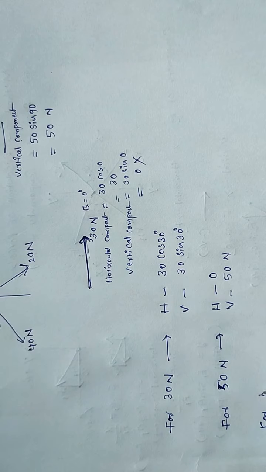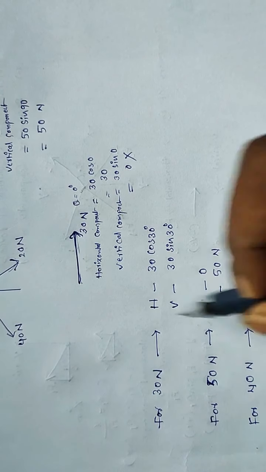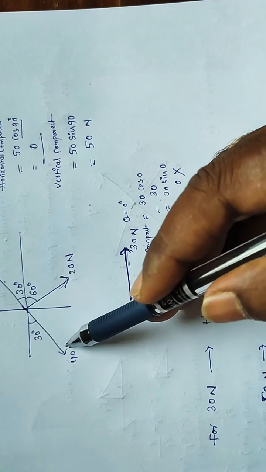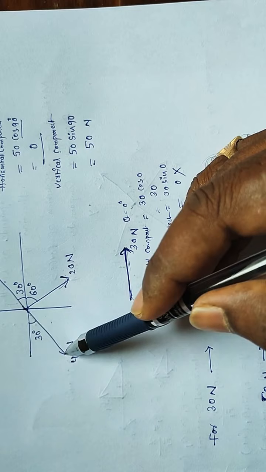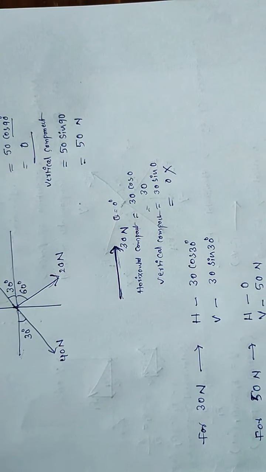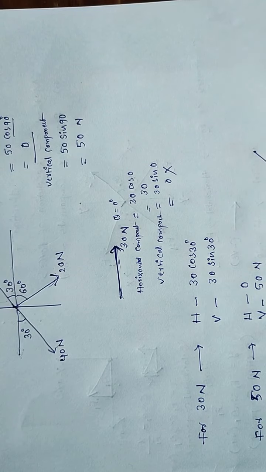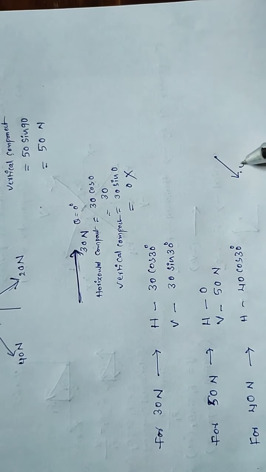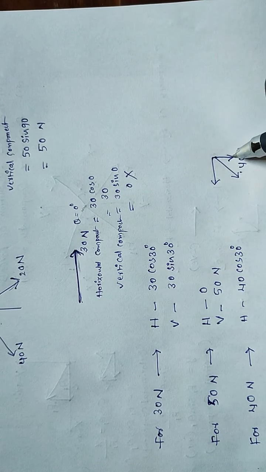For 40 Newton, horizontal component is 40 cos 30. So here for 40 Newton, horizontal component and vertical component.